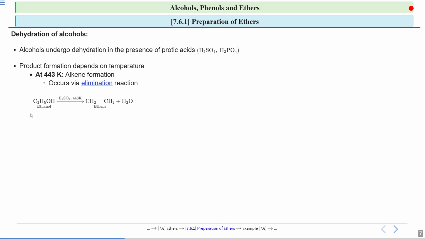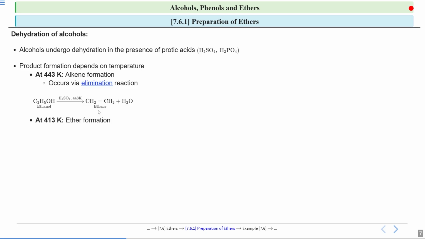Then what will happen? One hydrogen from one carbon leaves as H plus from the carbon next to the carbocation, and you get an alkene. This happens when your temperature is 443 Kelvin. That is, when the OH2 group leaves, a carbocation is generated, then H plus leaves, and you get an alkene over here. Here it is ethene.